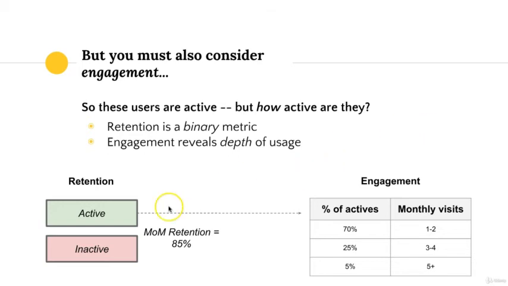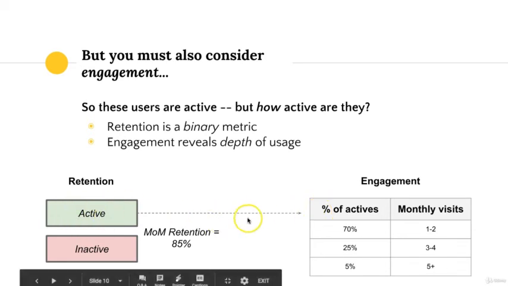If we look at some active users, we can pull them out and see, okay, it looks like these are monthly active users, but 70% of those monthly active users only visit once or twice, 1 or 2 days within that month, 25% 3 to 4 days, and 5% 5 or more days. Those users are not the same.